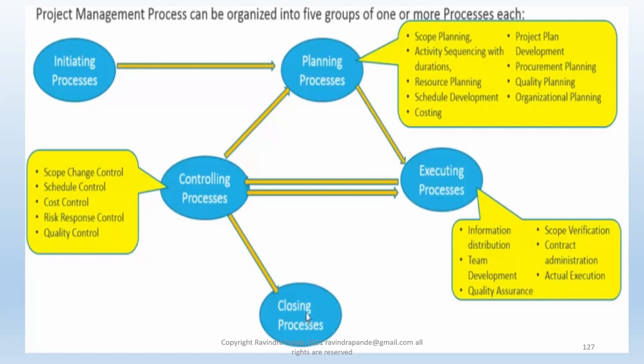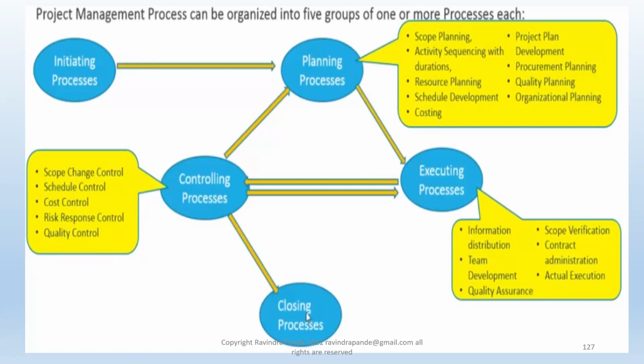And then we have contract administration in terms of how do you manage the SLA, how do you manage the overall penalty clauses throughout your project execution. And then we have actual execution in terms of actually building whatever we have committed to build in our project planning.